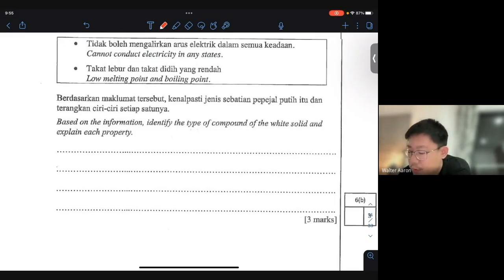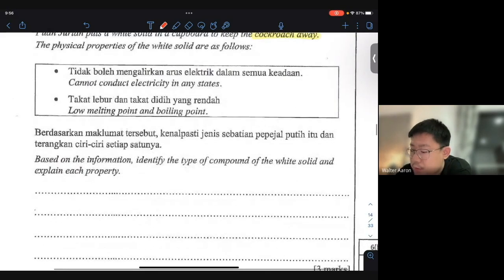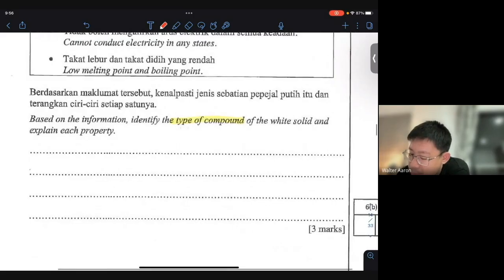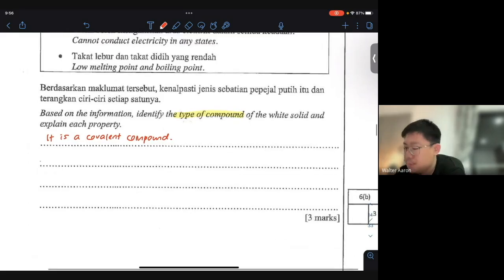So first of all, they want you to state the type of compound. When they ask you about the type of compound, you must state covalent compound. Okay, so you say that it is a covalent compound.